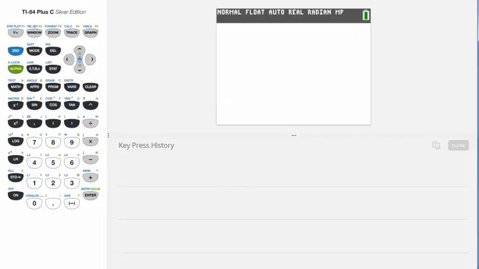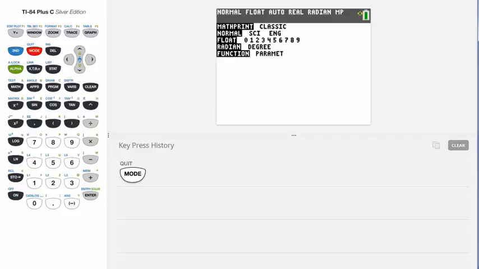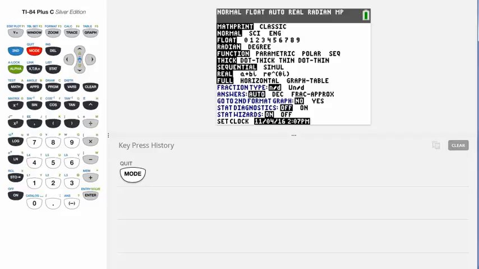In order to find my coefficient of determination, first I need to make sure I have my stat diagnostics turned on. One way to find that is by going to Mode, arrowing down to Stat Diagnostics, arrow over to On, and then press Enter.